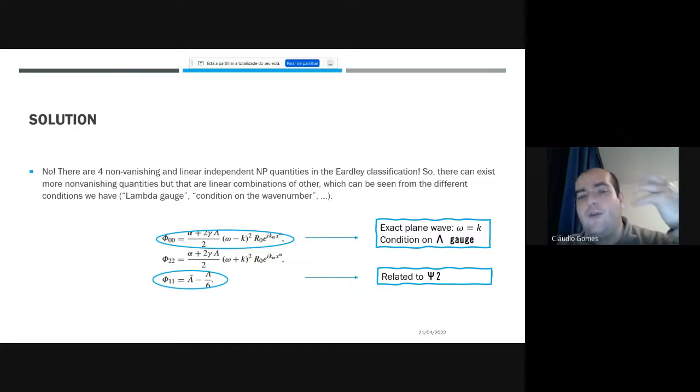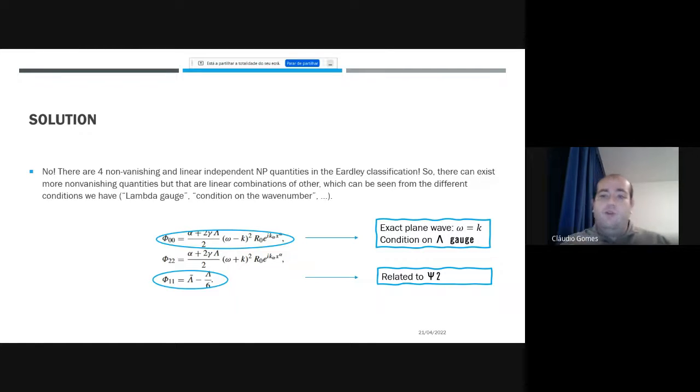So in fact, for any metric gravity theory, it was shown by Eardley et al. that for nearly plane waves in the weak field, you have up to 6 polarization modes. This is the main message to take home. Okay, so you need to be careful. What you are looking at is non-vanishing and linearly independent quantities.